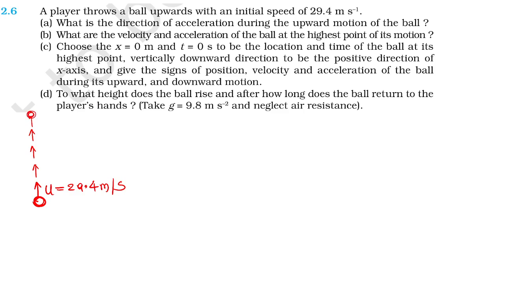Understood? It will return to the ground. Suppose the stone is moving upward. Okay, look at the path. The question is, what is the direction of the acceleration during the upward motion of the ball? Anybody? What is the direction of the acceleration?